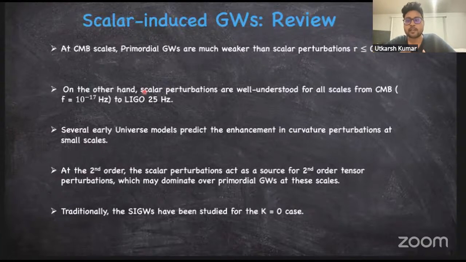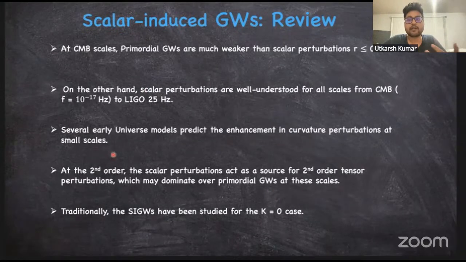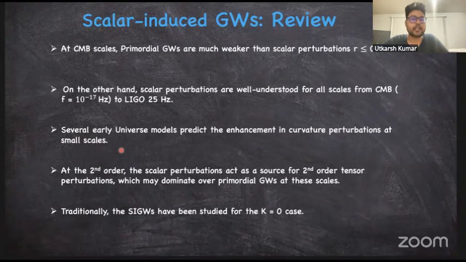On the other hand, scalar perturbations, compared to the tensors, have been studied very well over a very wide range of scales, varying from the CMB to LIGO scales. It has been shown that in several inflationary models there can be an enhancement of the scalar perturbations at the scales relevant to PTA and other future gravitational wave backgrounds.